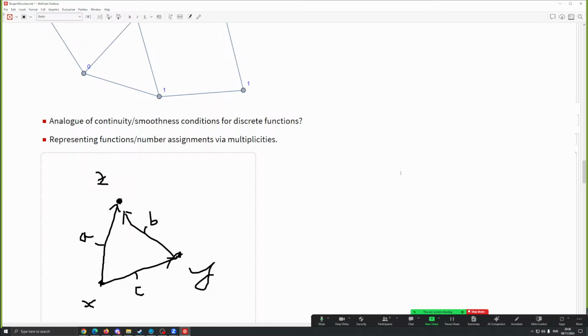But you can also say I am between X and Y, because that space exists in my hypergraph. Therefore, I am on the edge XY. Similarly, you can say I am between X, Y, and Z.